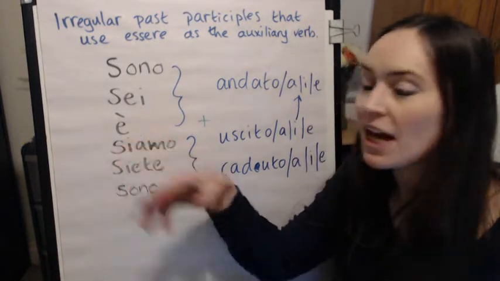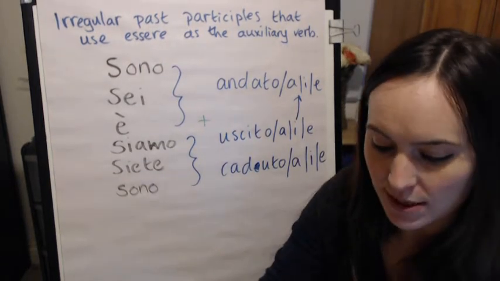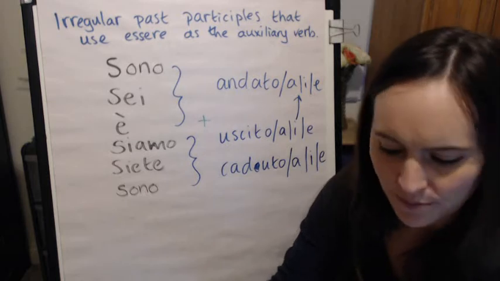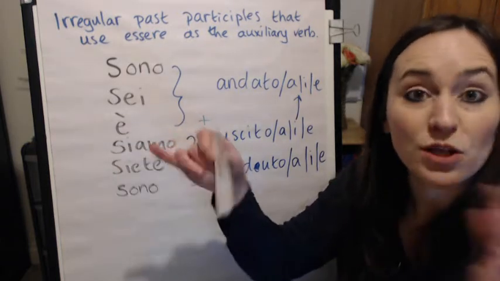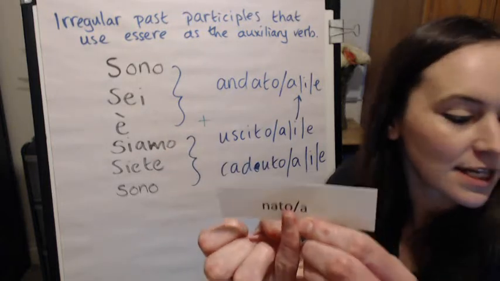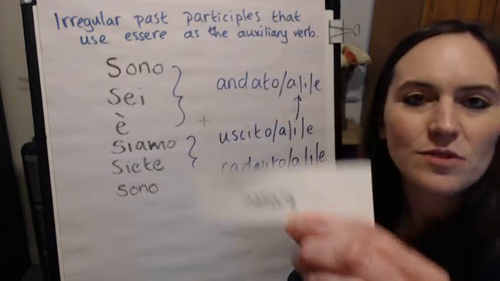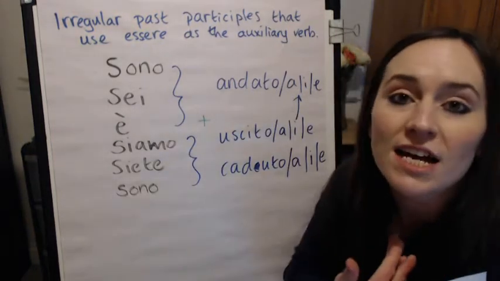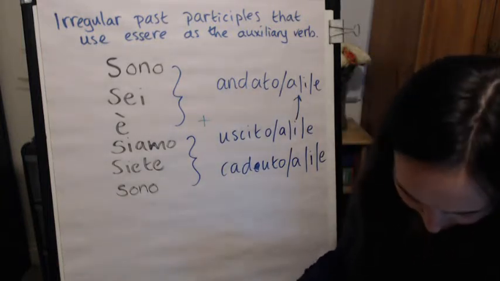Dove sei, and then the past participle, nato. So if you're asking a girl, where were you born, right? Dove and sei, where are you, if you like, would stay the same. But then you'd have nata, okay? We'd have the a ending. Dove sei nata? Io sono nata nel Regno Unito, for example.